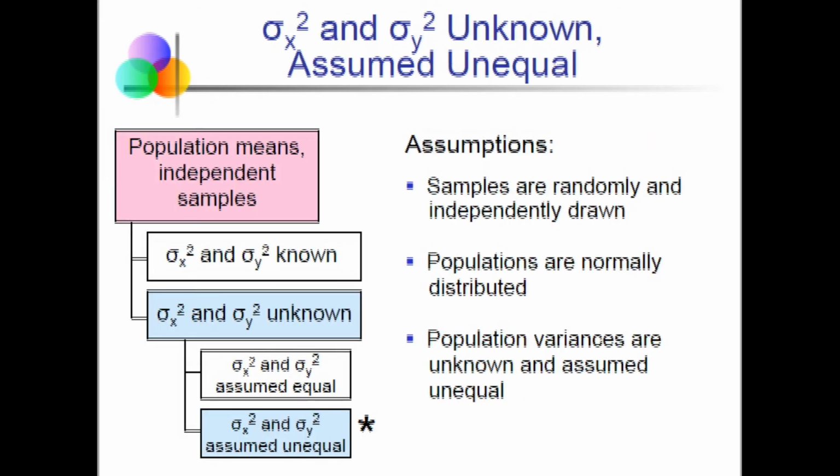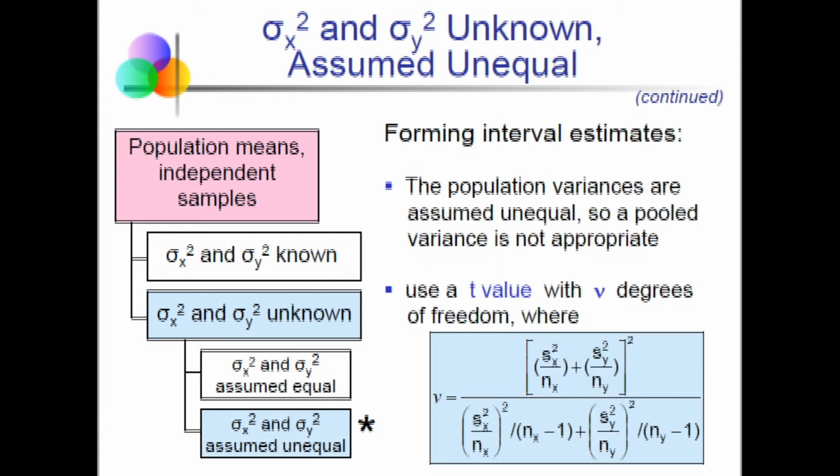We now look at the case when the population variances are unequal. In that case, we use the t-value as our test statistic with v degrees of freedom. This is how we find the degrees of freedom. In this case, we are not using the pooled variance; we use the separate variances.